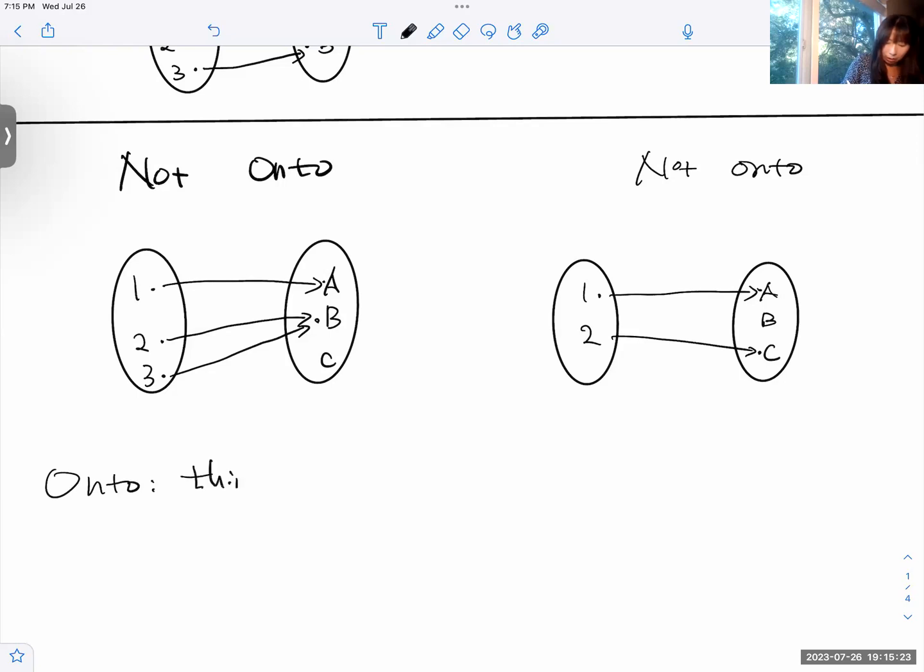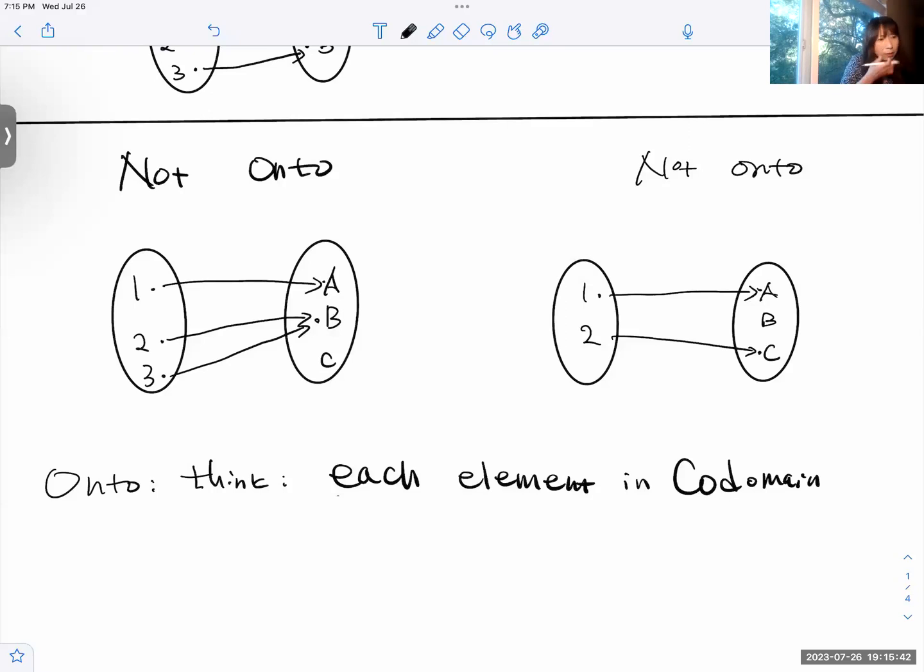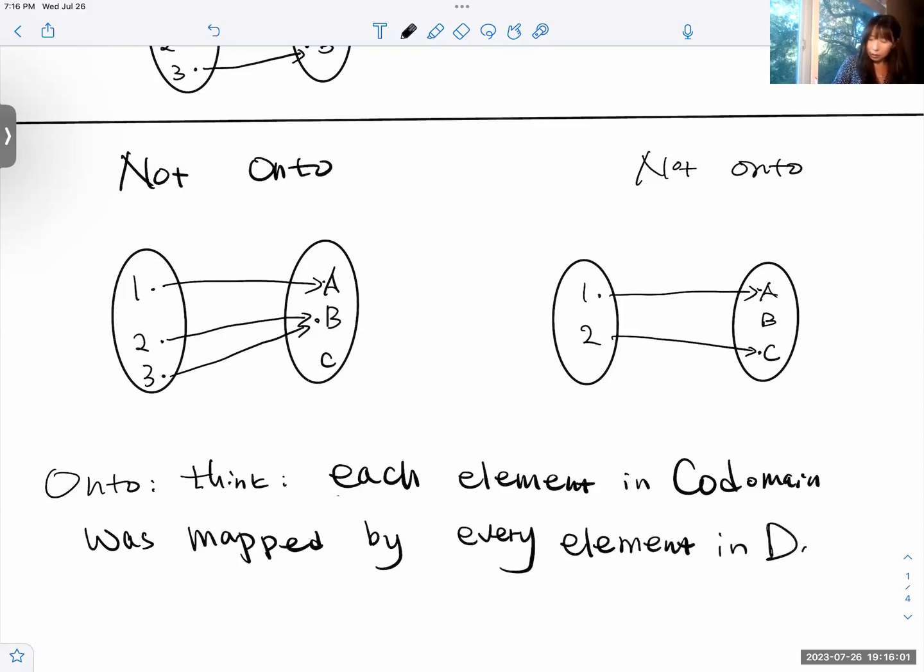Each element in the codomain was mapped by an element in the domain.